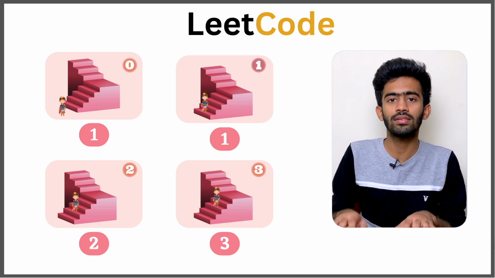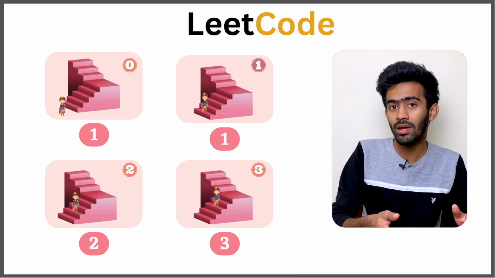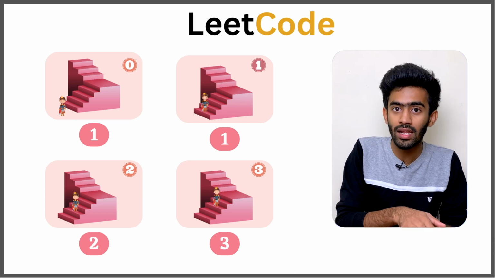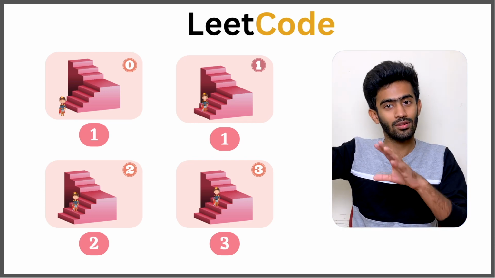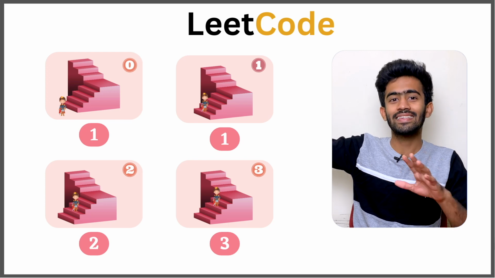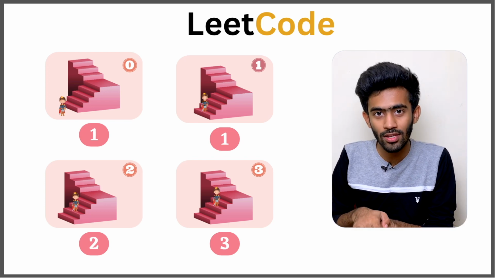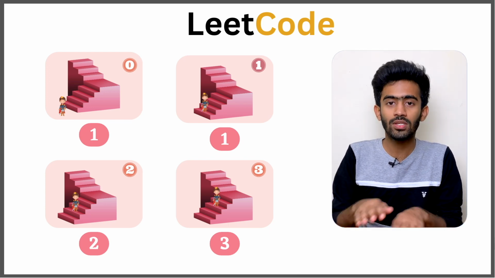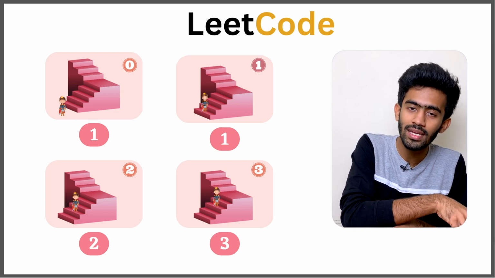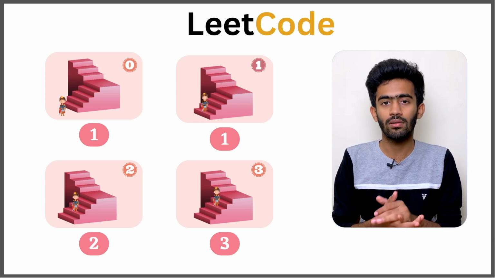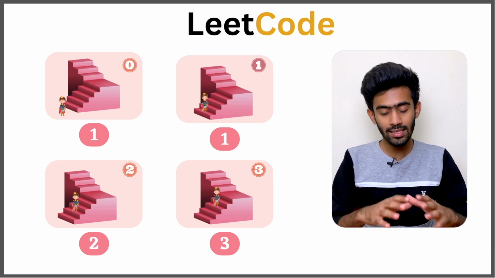Why is there an f of n minus 1? Because to reach n minus 1, let's say we have x number of ways, and to reach n minus 2, we have y number of ways. So x plus y will give us the number of ways to reach the given number n. Okay, so this is the recurrence relation.